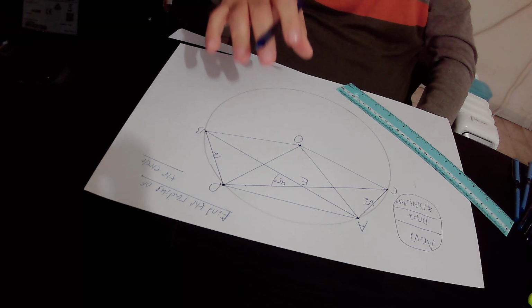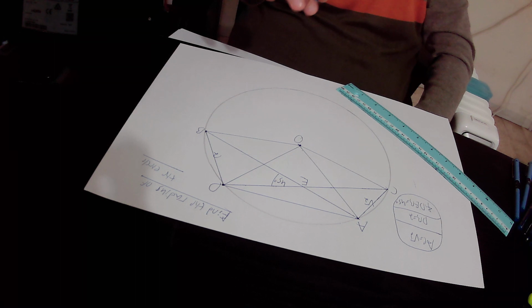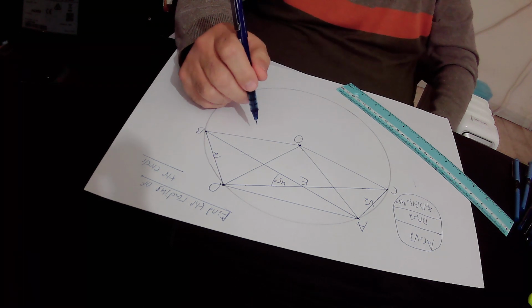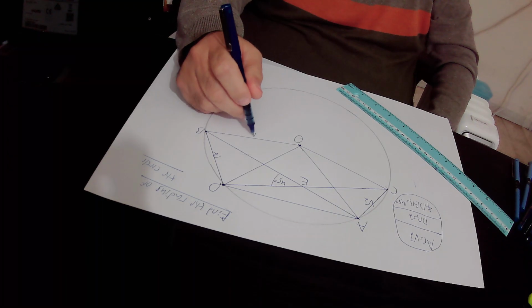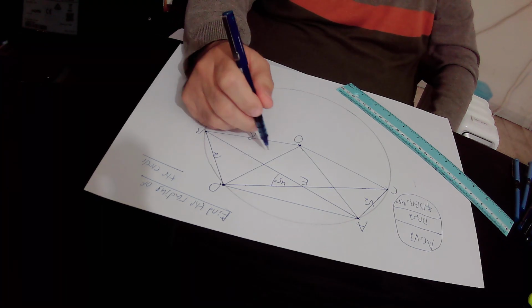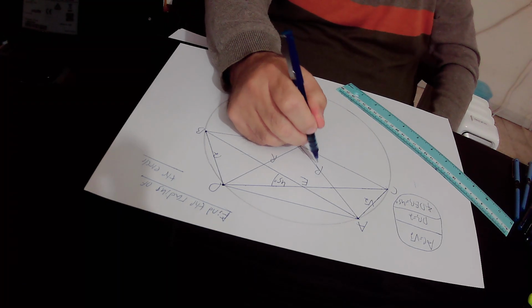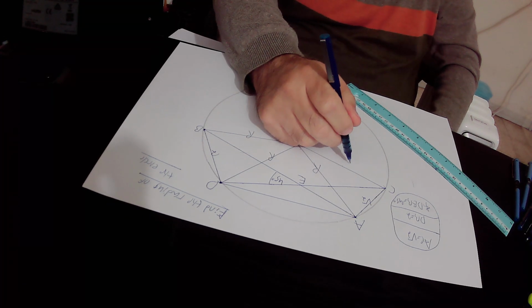Therefore, all those 4 line segments are the radii of this circle. So we define the radius of this circle as r, and therefore OB equals r, OD equals r, OA equals r, and finally OC is also equal to r.